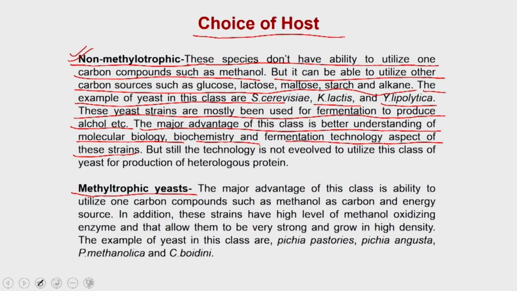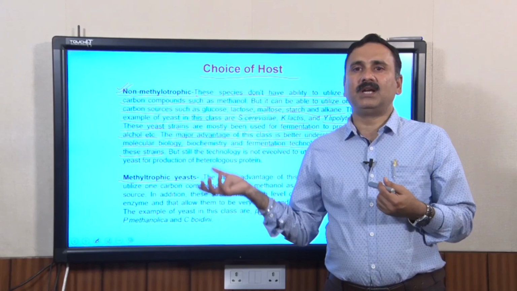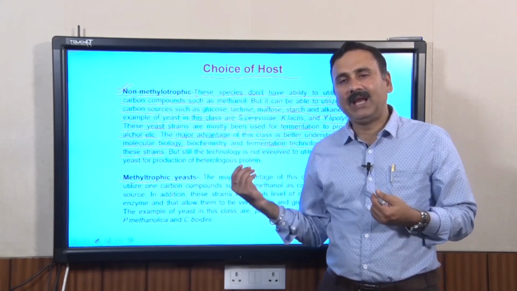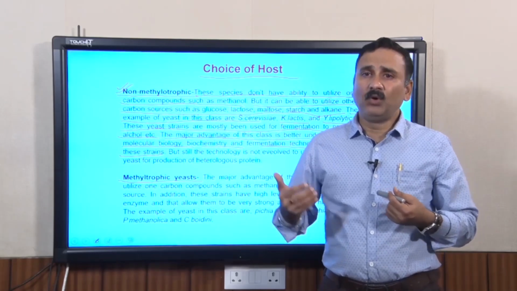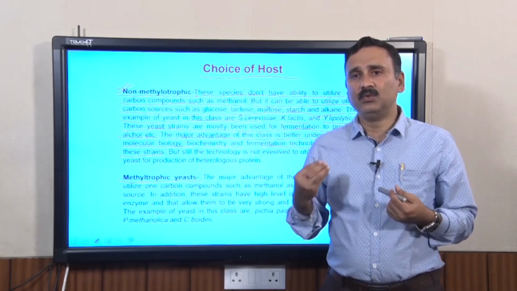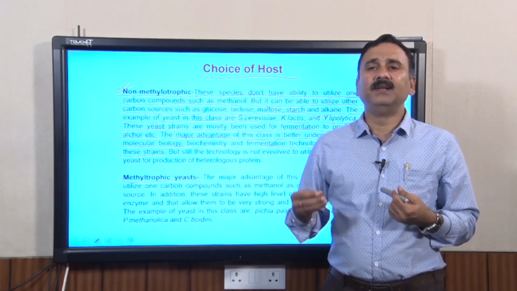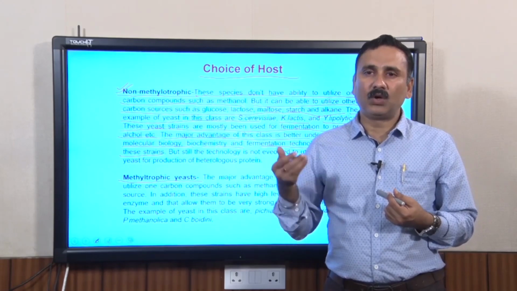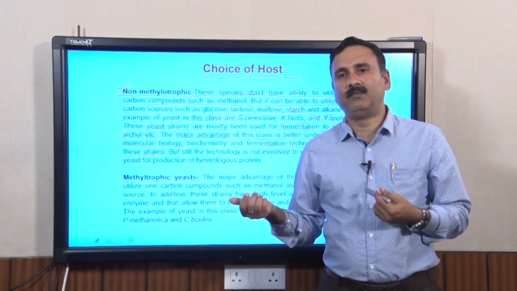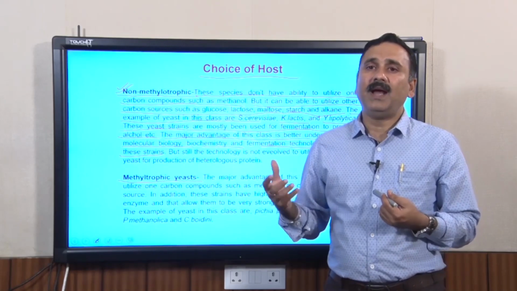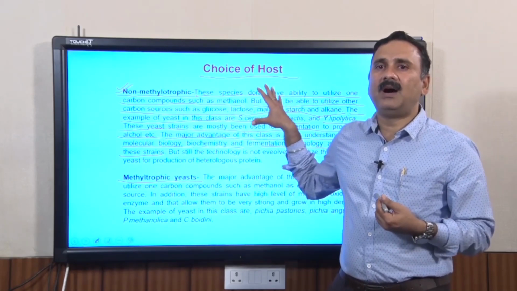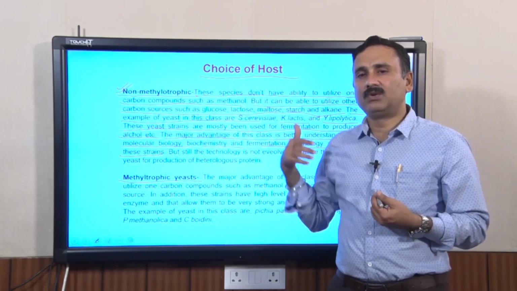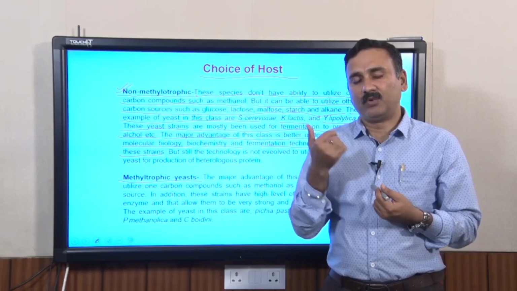Instead, they use other carbon sources such as glucose, lactose and other kinds of sugars, as well as alkane, and mostly these strains are used for fermentation processes. These strains are used for producing alcohol and other fermentation related products, and they are less popular in terms of their utilization for protein production.